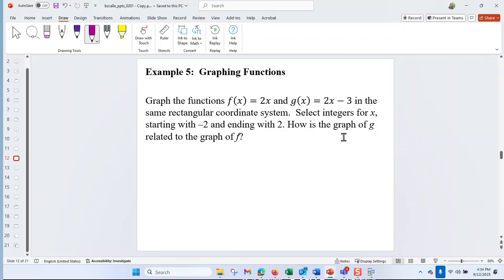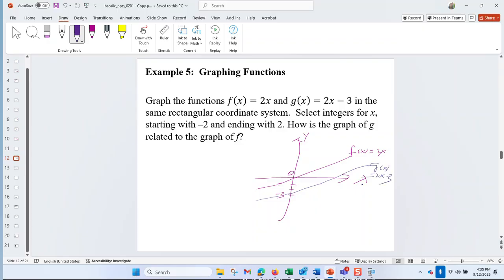So y equal to 2x will be f of x equal to 2x. And this one, 1, 2, 3, negative 3, will be very similar, parallel to the first one, but moved down 3 units. This will be g of x equal to 2x minus 3.